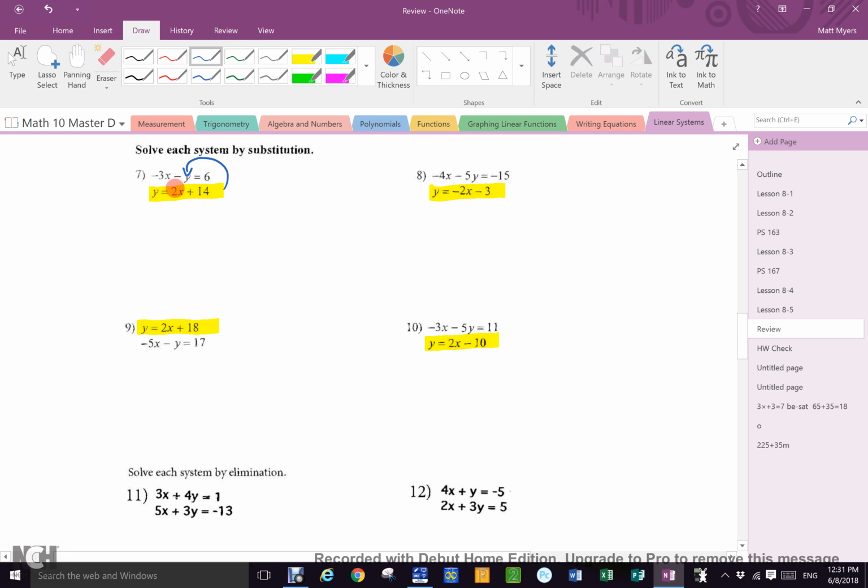Right there. Negative 3x minus, not y, 2x plus 14 equals 6. Negative 3x minus 2x minus 14 equals 6. Negative 5x equals 20. X equals negative 4.